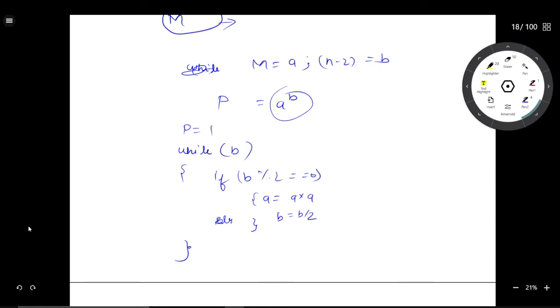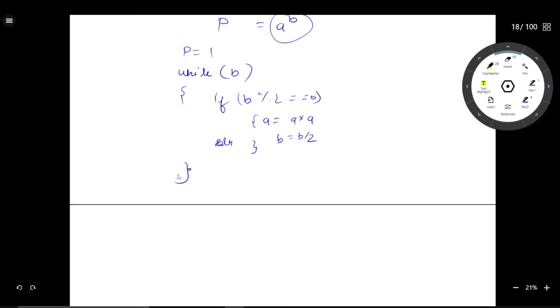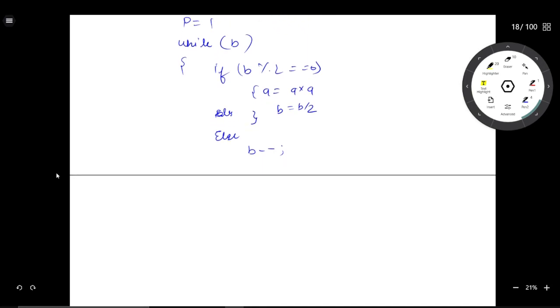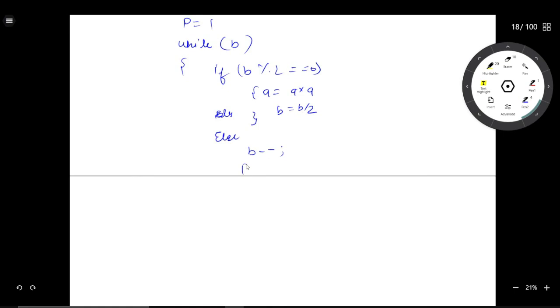Okay, and else b is equal to b minus minus, and p is equal to p into a.